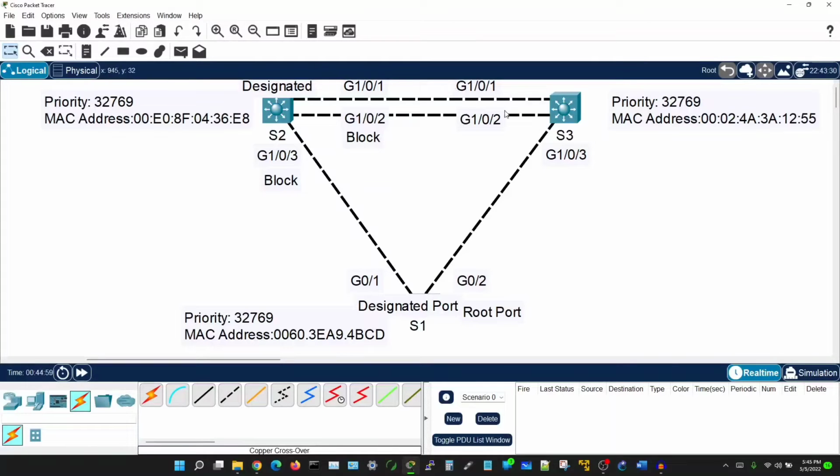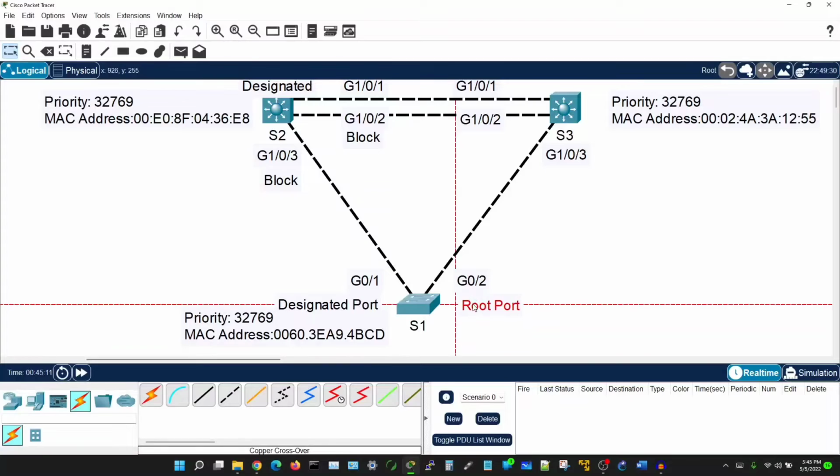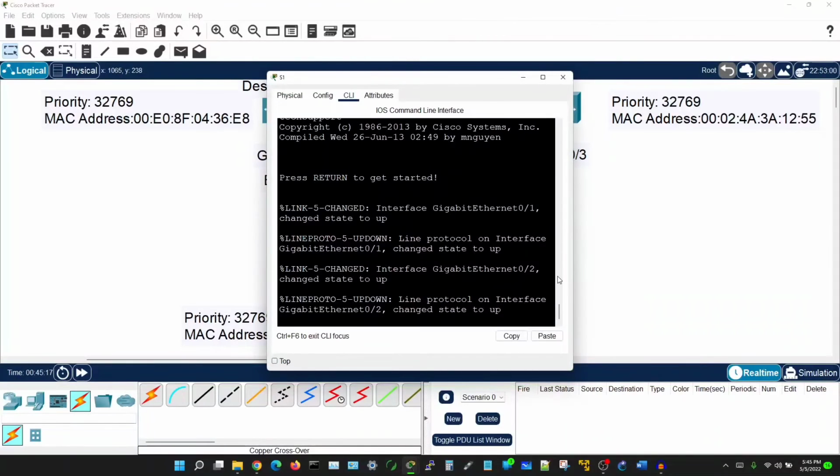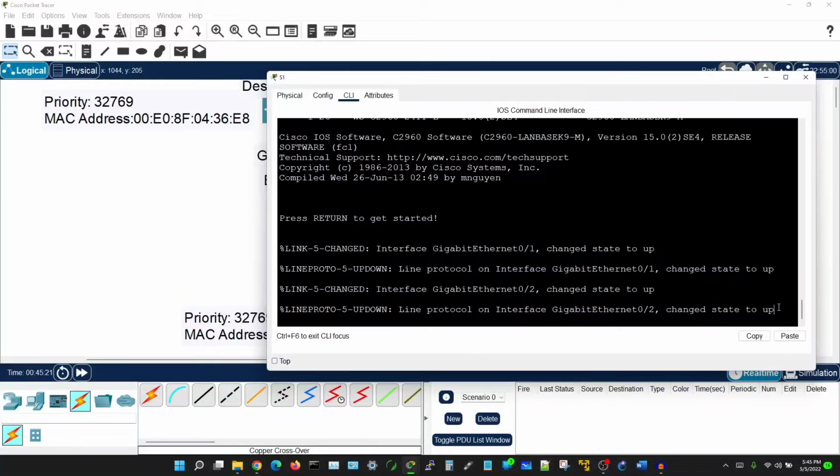And then all of it on this side should be designated, and we already confirmed that. So how about our theory with the rest of the switches? On switch 1, this interface gigabit 0/2 should be a root port.